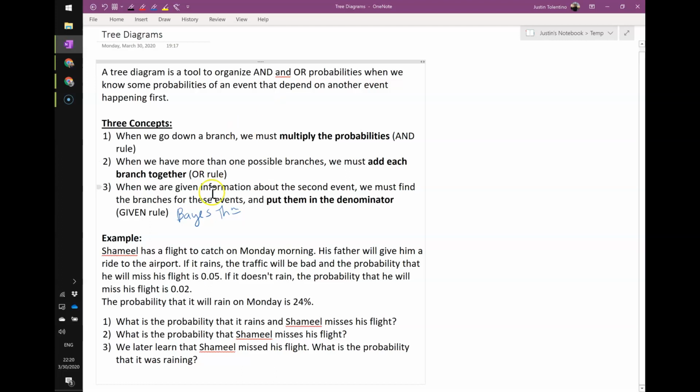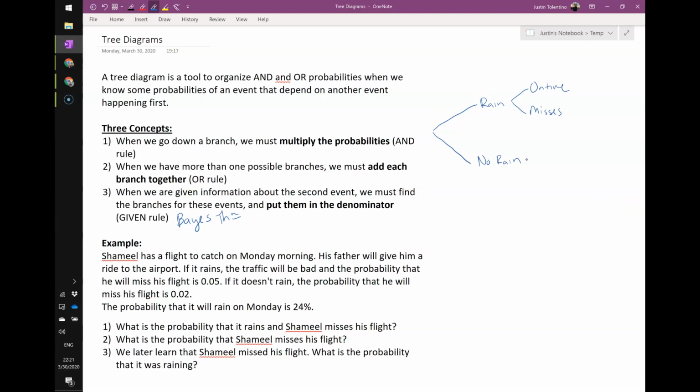Since whether he misses his flight depends on raining, our tree diagram is going to show that that could possibly happen. Perhaps it's going to rain, or maybe it's not going to rain. So those are the two things first that we have to consider. Because now if we know it rains, we can try and figure out what's the probability that he's on time or that he misses the flight.